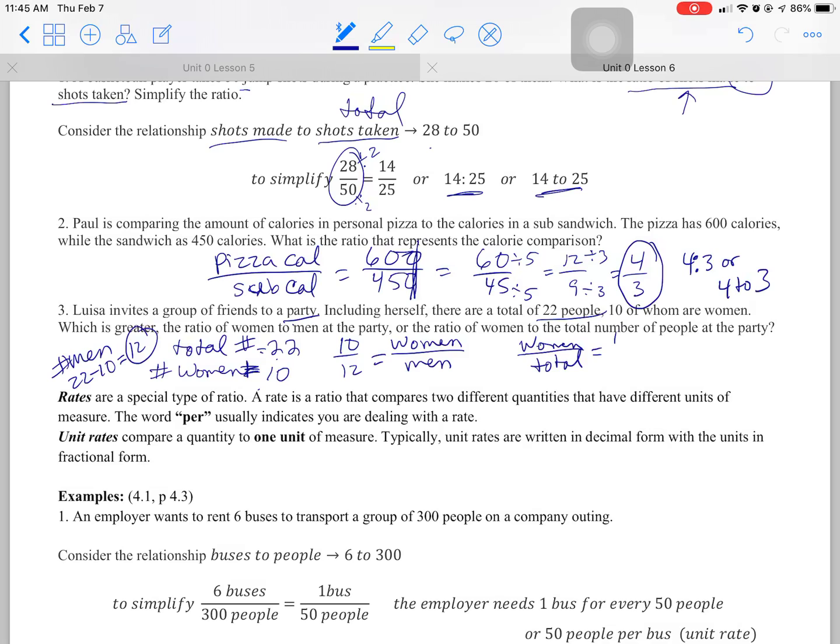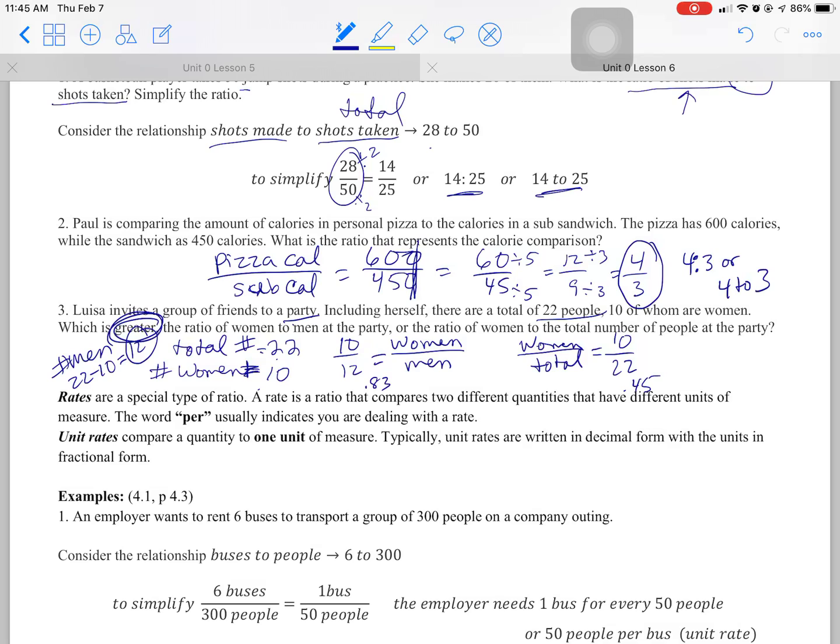The women was 10 and the total was 22. Which one is greater? Which ratio is larger? You can put them in your calculator. Let's see. 10 divided by 12 is 0.83. 10 divided by 22 is 0.45.